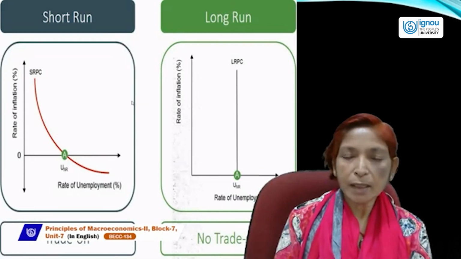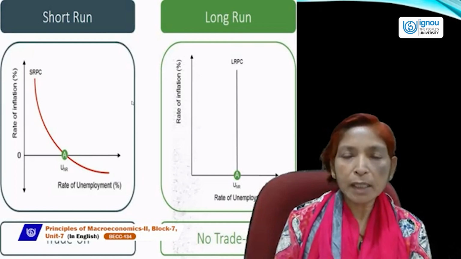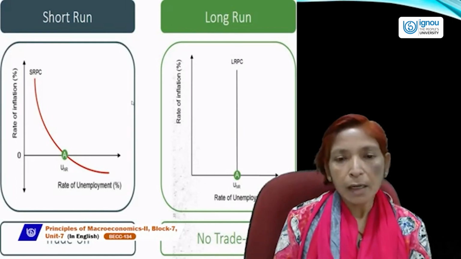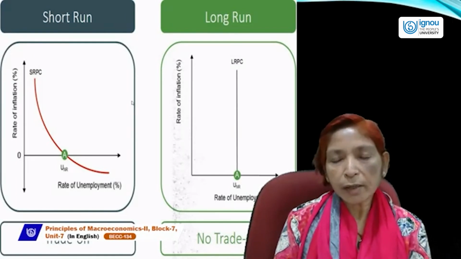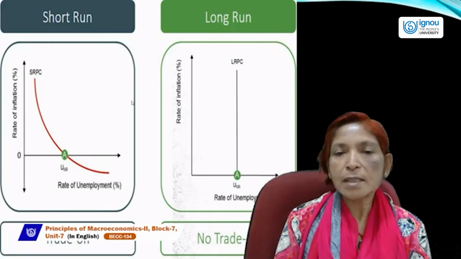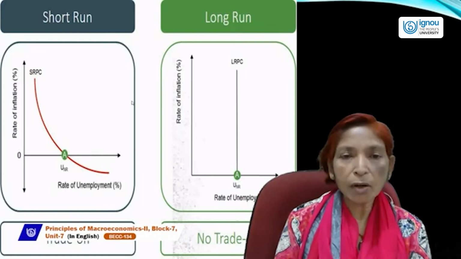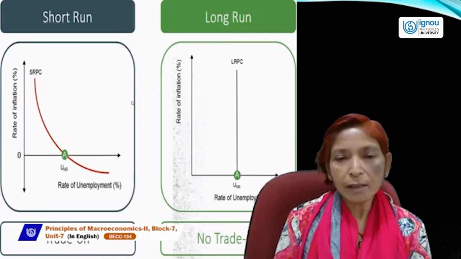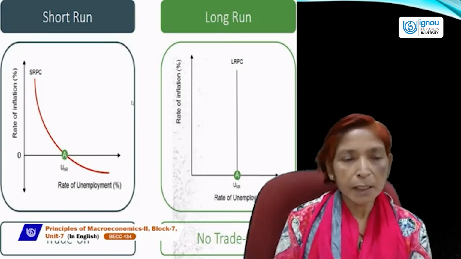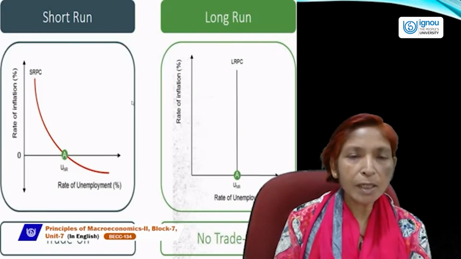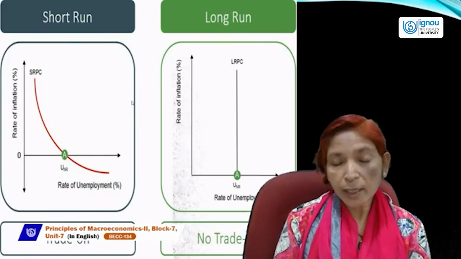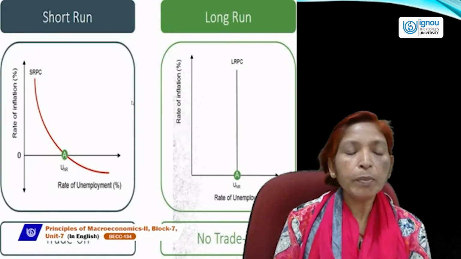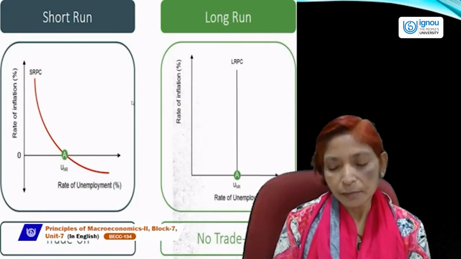The inflation rate may increase or decrease, but unemployment, or the natural rate of unemployment, will remain the same at each level of inflation. In that case, this curve will be vertical, but the short run Phillips curve will be downward sloping. It can touch the x-axis or it may go beyond the x-axis.